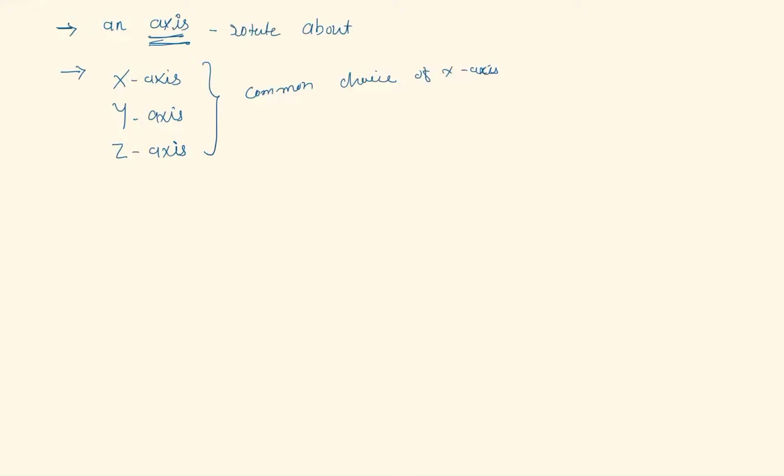Suppose I have to rotate one object about the x axis, right? This is our x axis, y axis and z axis. Now here this is one object, a pawn, and it may be rotated about the x axis.